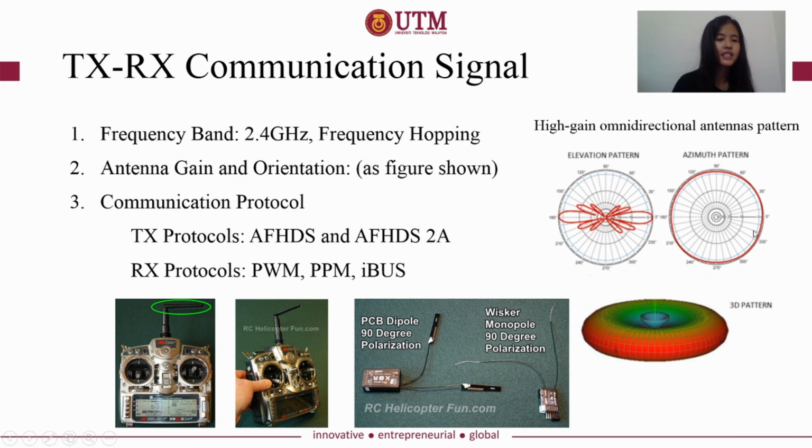Next is the antenna gain. If you observe the right side of the slide, there is a high-gain omnidirectional antenna pattern. If you see the 3D pattern, the red color has the strongest radio wave, which is on the side, and the green color, which is on the top and bottom, has the weakest signal.